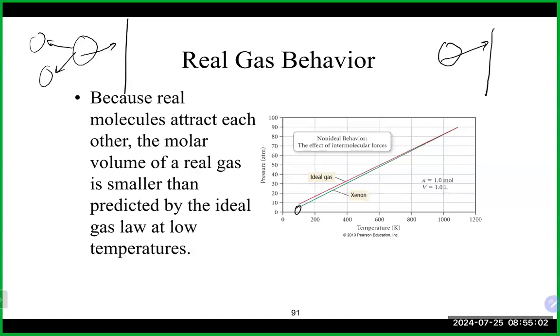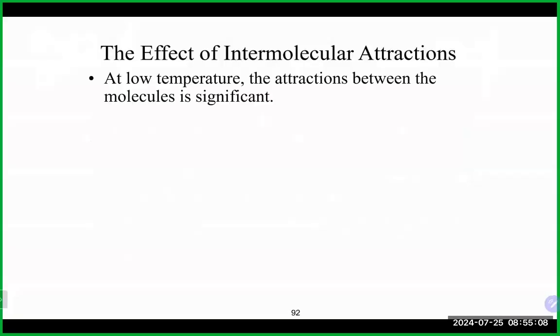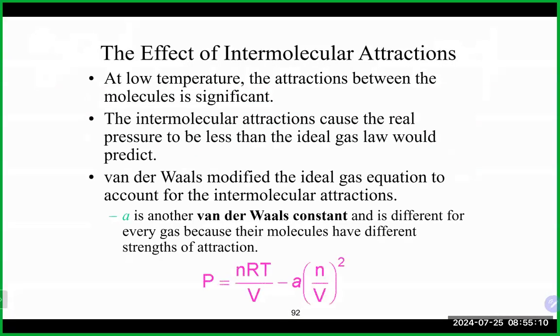Thus, we would end up with a smaller pressure. So this will affect the pressure. And there is a correction value that van der Waals did for pressure, and that is what is known as the a value. Again, that is a correction value that you could look up on a table for van der Waals constants.